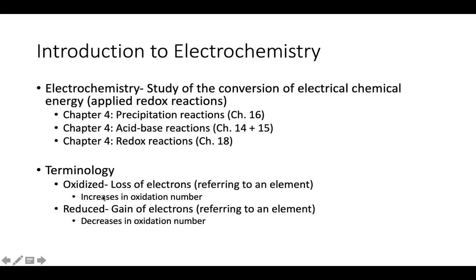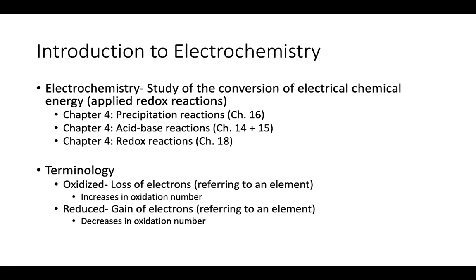So just to remind you of some of your very important terminology, right? Oxidized and reduced. Okay, so oxidized refers to an element, so a specific element can be oxidized or reduced. If the element is oxidized, it means it lost electrons, or had a loss of electrons.